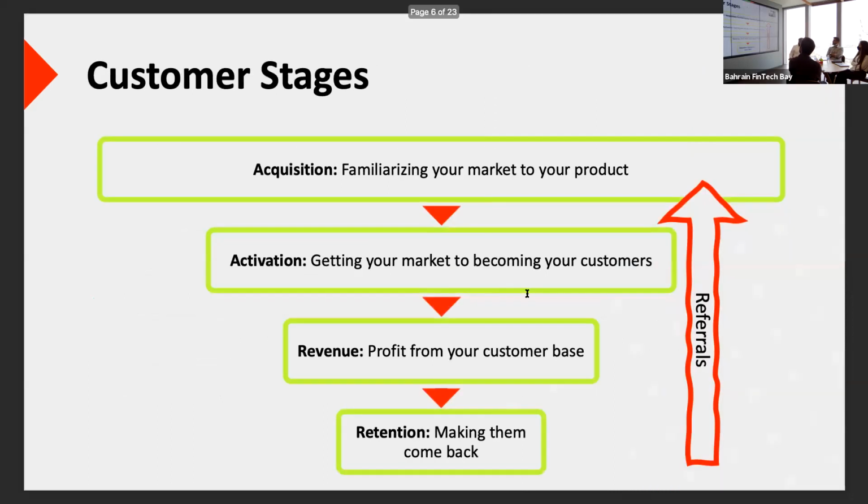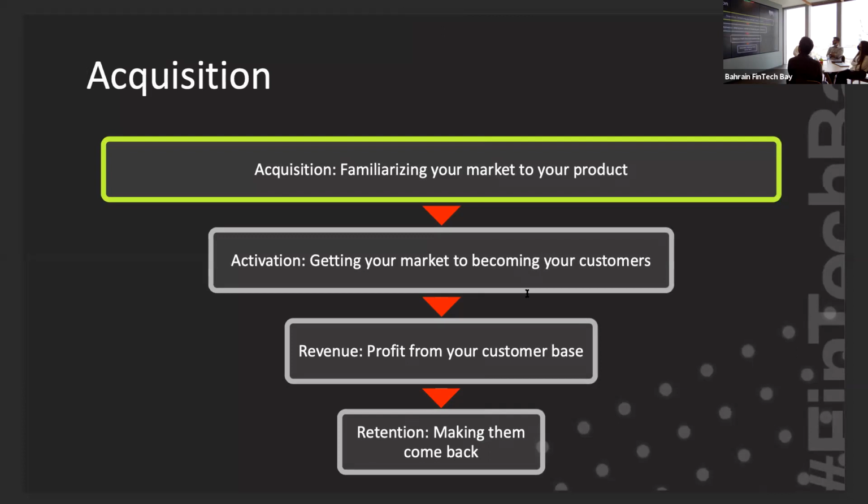Now, what I want to talk about, and then I'll go into more details about each of these, is what are the different stages of customers that you have. There are 4 main stages of your customers. I will go through each one of them one by one.